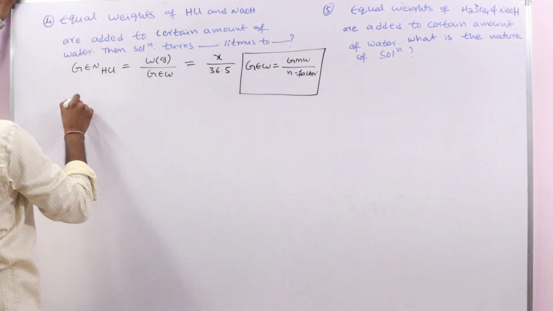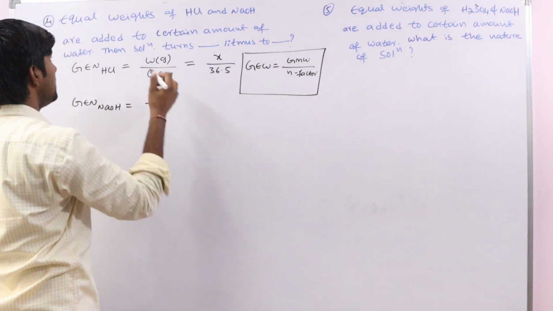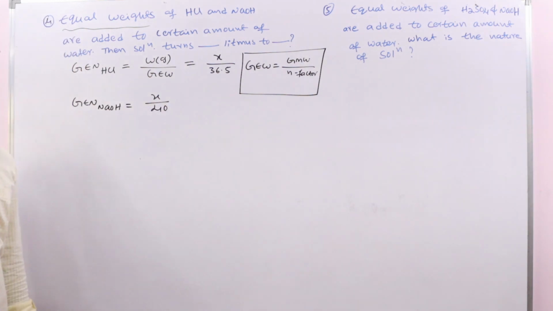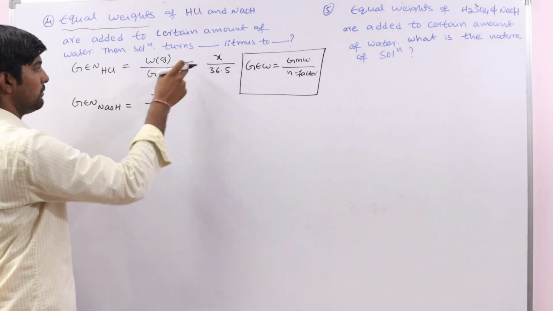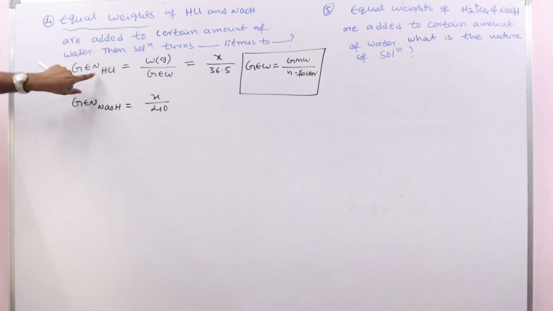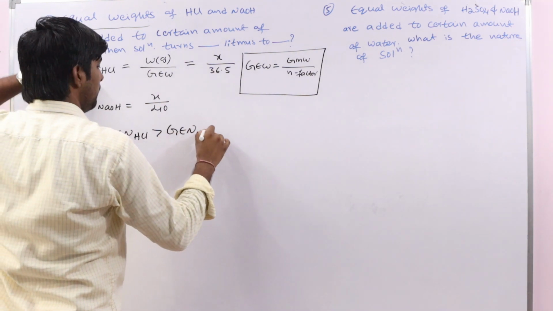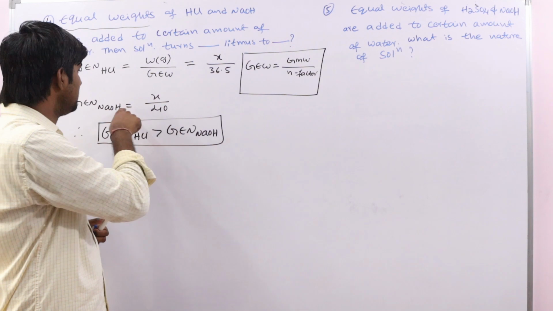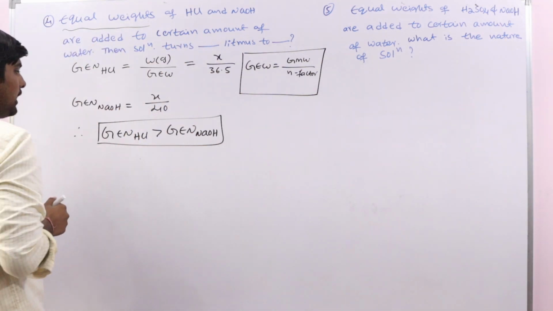In the same way, the number of equivalents of NaOH: the weight is the same, since it is mentioned that the weights are equal, so it is x grams, divided by the equivalent weight of sodium hydroxide, 40. The numerator is the same in both cases, but the denominator is 36.5 here and 40 there. Therefore the number of equivalents of HCl is greater than that of NaOH, because the denominator is larger for NaOH.